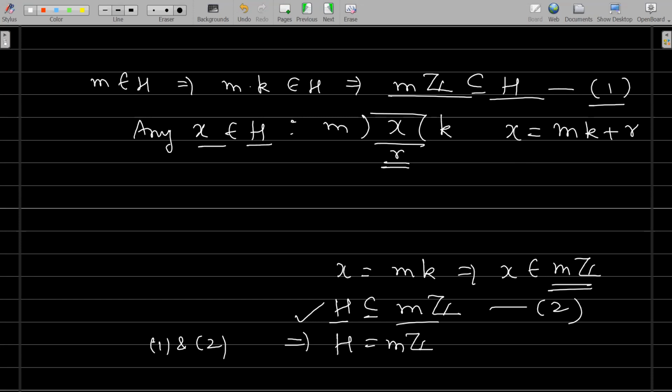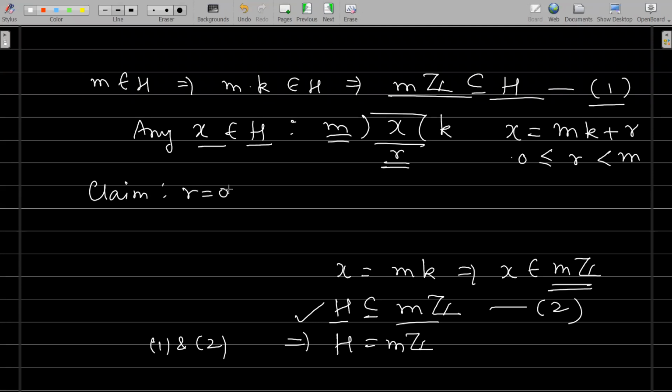What is the condition on the remainder? R should be greater than or equal to 0. It can't be negative, and strictly less than the divisor. So it's less than M. Is that right? Yes.